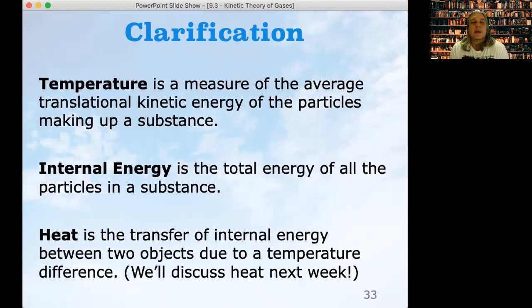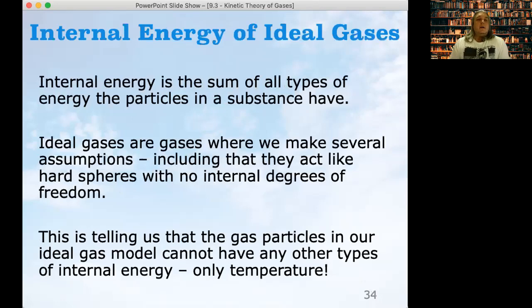And heat, which we haven't met yet, but we will come back to in another lecture, is the transfer of internal energy between two objects due to a temperature difference. So we are going to come back to heat and energy transfer. I think it's next week. I've written next week, hopefully it is, but we will come back to that.